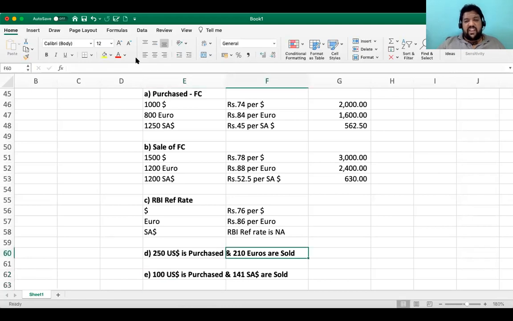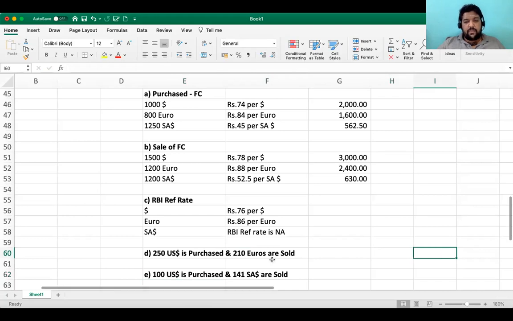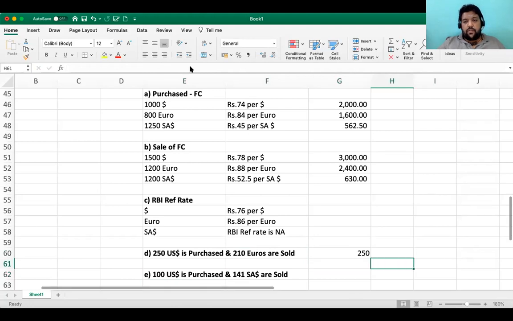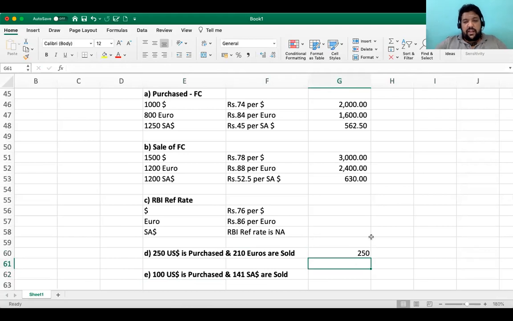See, for your question D, you will work like this. As far as your question D is concerned, $250 and 210 euro. US dollars RBI reference rate is 76. Euro RBI reference rate is 86.